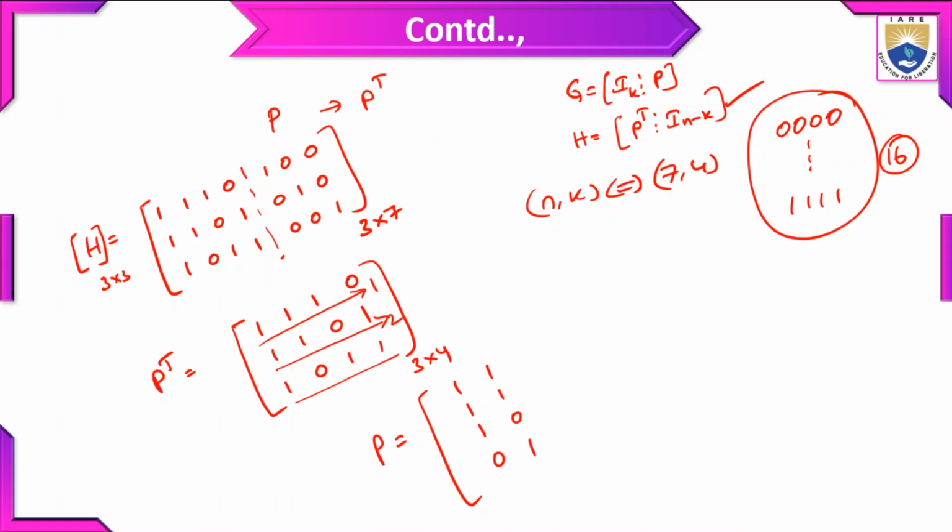So the second row is converted into the second column, and this is my third row. So the third row is converted into the third column. So now what is the size? 1, 2, 3, 4. 4 rows by 3 columns. Okay, so the P size is 4 by 3.